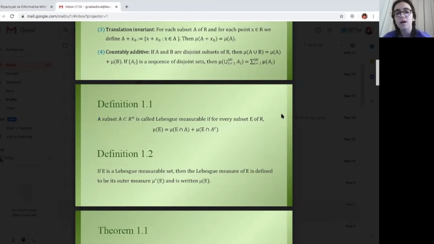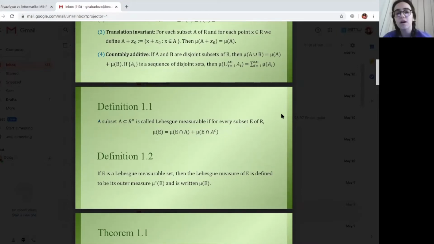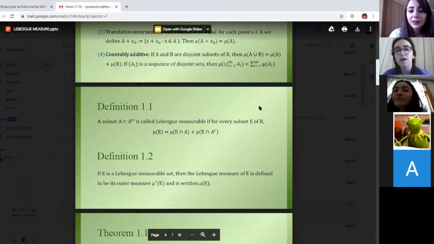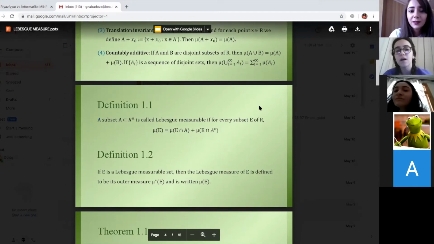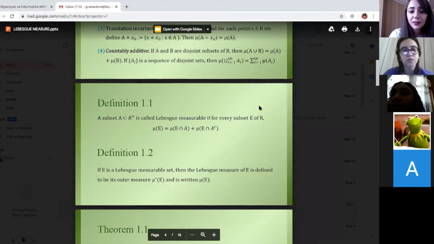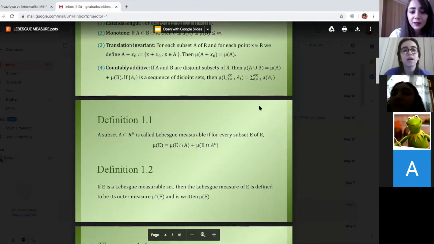Third, for disjoint sets, mu of A union B is equal to mu of A plus mu of B.